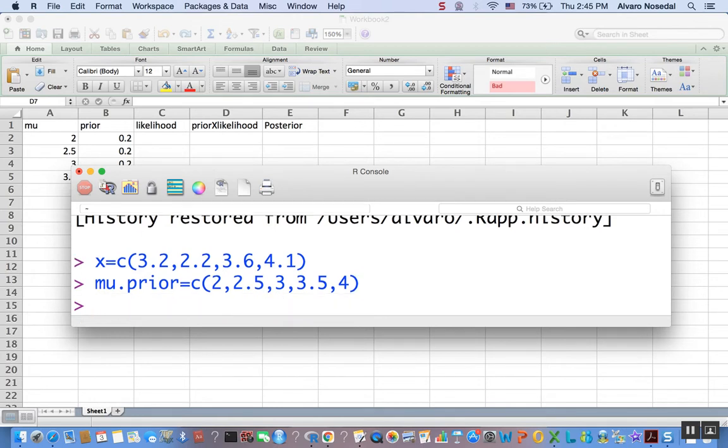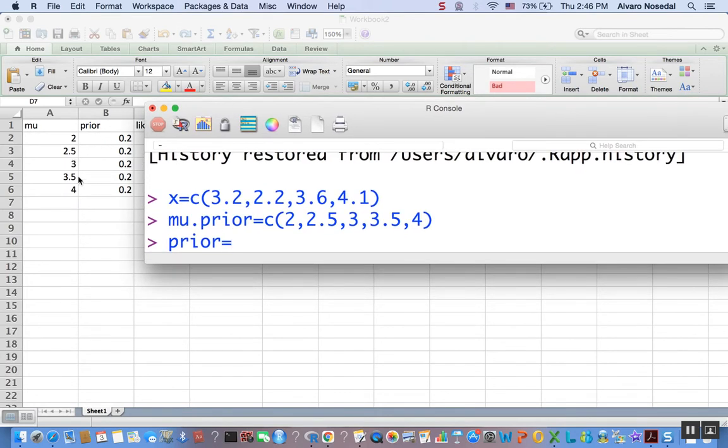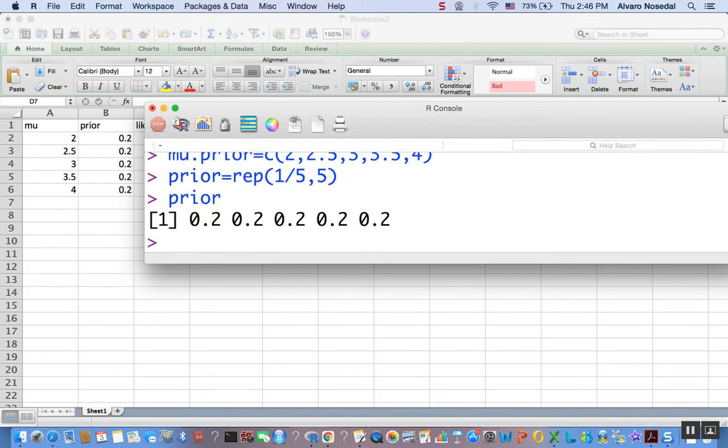Now, prior, that object will contain the probability for each of those 5 values that we're considering. Since we are going to be using a uniform prior, let me repeat 1 over 5 five times. Let me make sure that it's what we want. It is what we want.